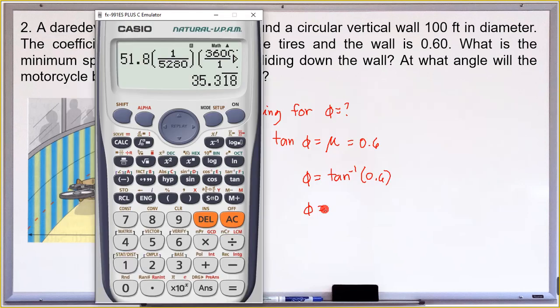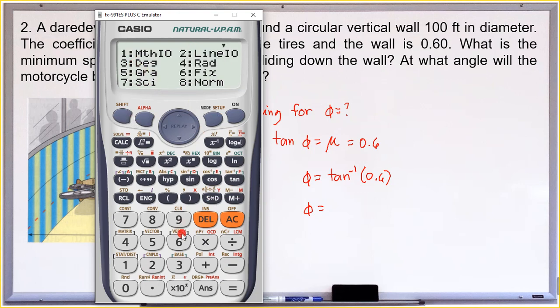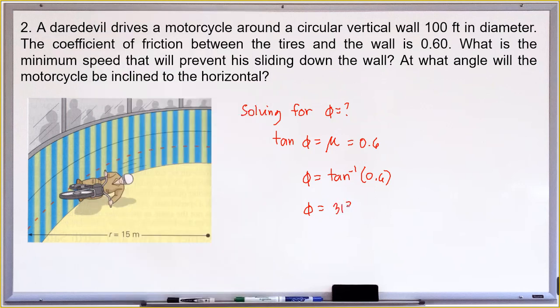Press AC, shift tangent, then 0.6. Our answer is 0.54, but remember, this is in radians. So go to shift mode, change it to degrees, and press equal again. The answer is 30.96, or approximately 31 degrees. So he must maintain this angle of inclination so that he does not fall.